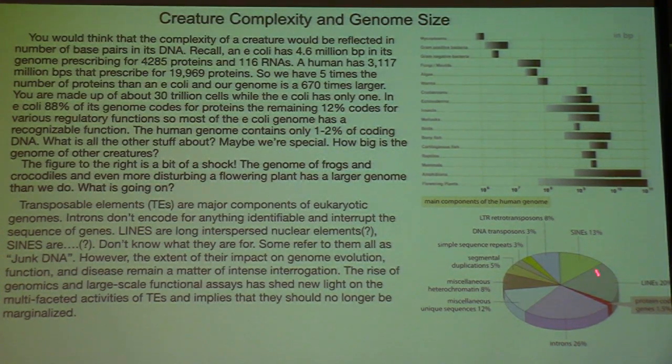These introns, these long interspersed nuclear elements or something like that. So there's just a whole lot of stuff that we don't really understand what its role is in our genome.